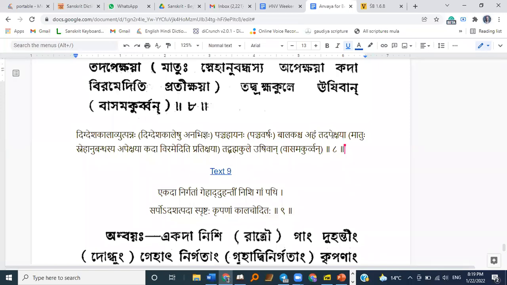Apeksha literally means depending on something. So I was depending on my mother's affection. And kada viramit iti pratikshaya: when will I stop depending on my mother's affection? Waiting for that, Brahmakule Ushivan, I was living in Brahmakula.